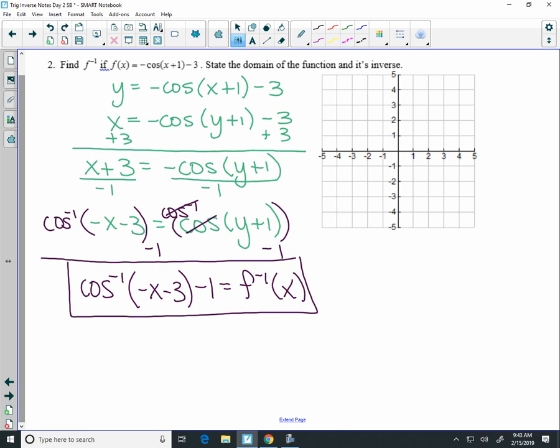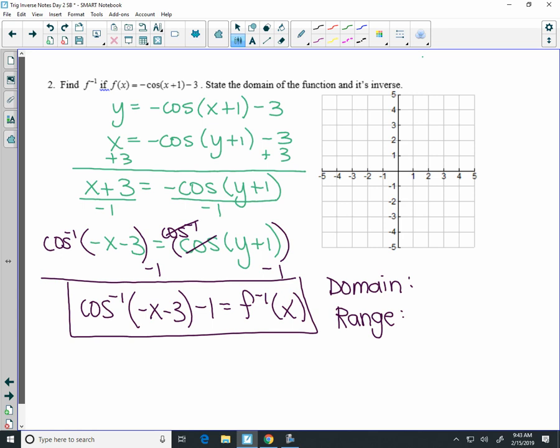Now let's talk about domain first, and then we'll do range. So the domain of our inverse is the range of the original. What up here is affecting the range of the original? Just the -3, right? The flip doesn't affect our distance or amplitude.